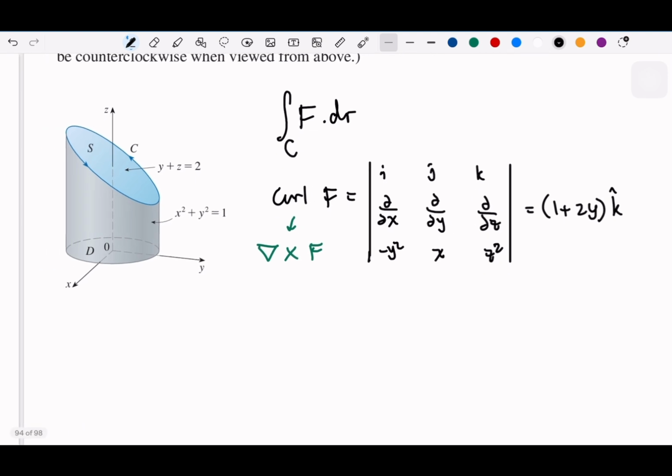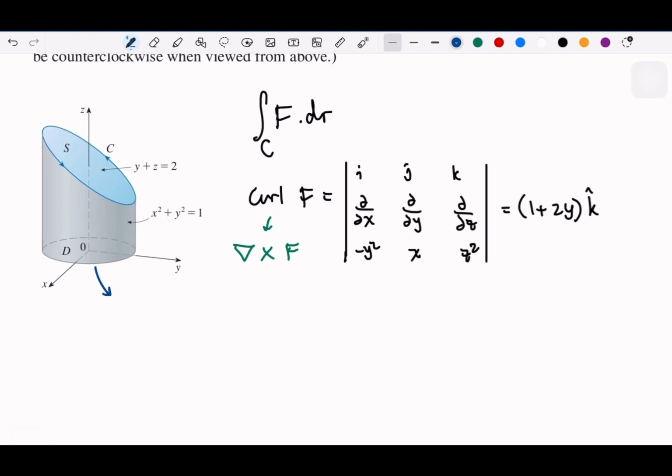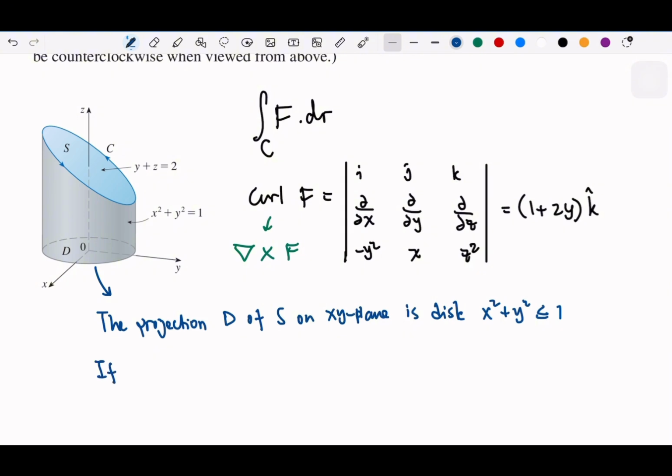So we can write that the projection D of S on the xy plane is a disk, basically this circle with radius 1. If we use the plane, z is our function of two variables, 2 minus y.